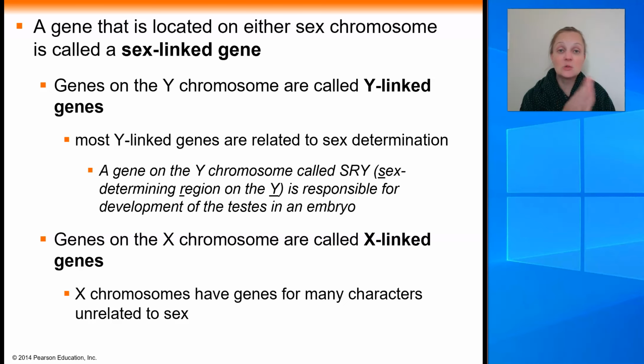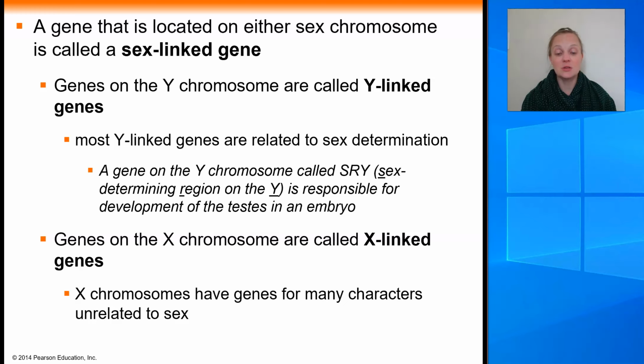And what determines which direction or which path that embryo is going to go down is whether or not the embryo has a Y chromosome in its cells. If the Y chromosome is present, then a specific gene called the SRY gene, or the sex determining region on the Y gene, will become turned on.